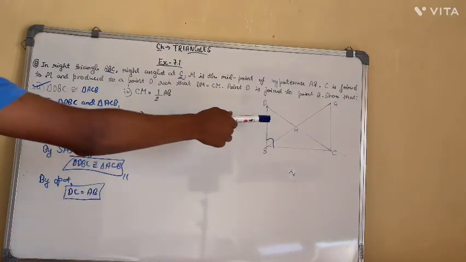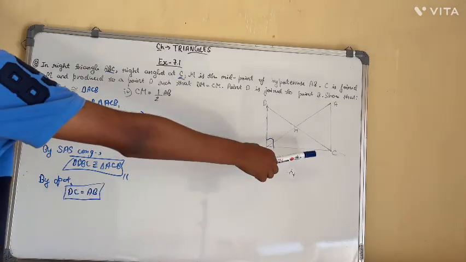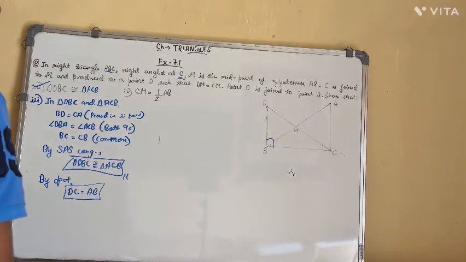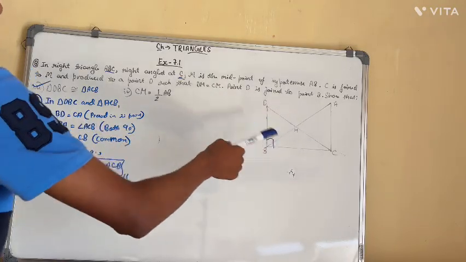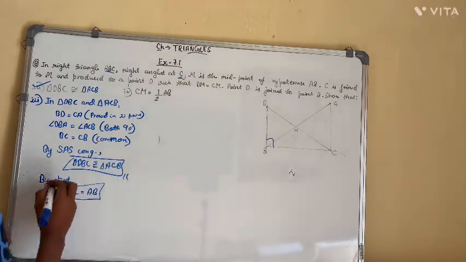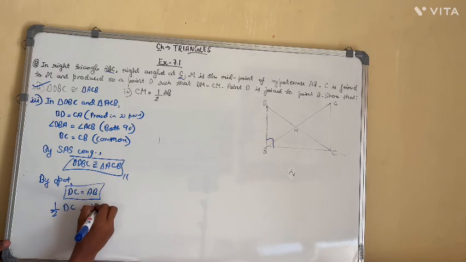Now we have to prove that CM is half of AB. CM is half of AB means CM is equal to AM. As we know, M is the midpoint of both. DC is equal to AB, so half of DC is equal to half of AB.